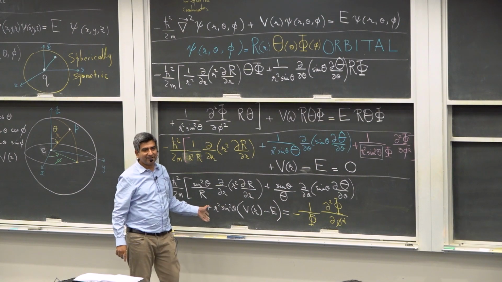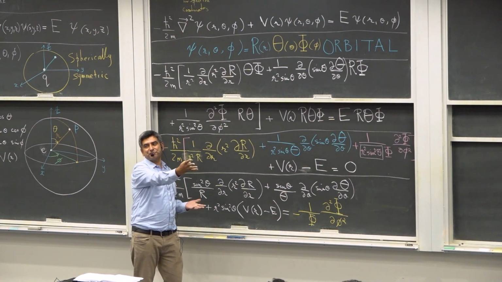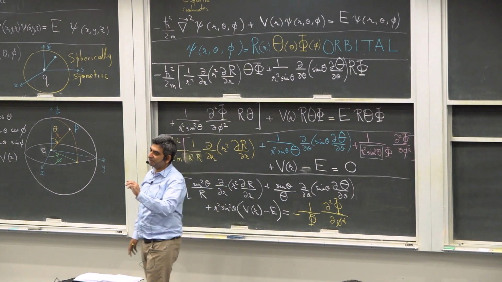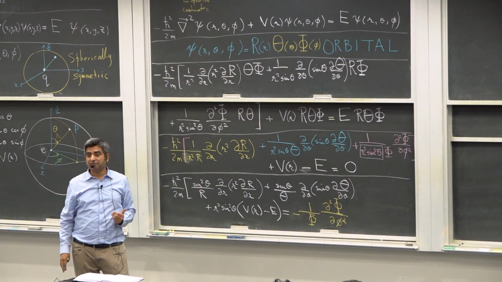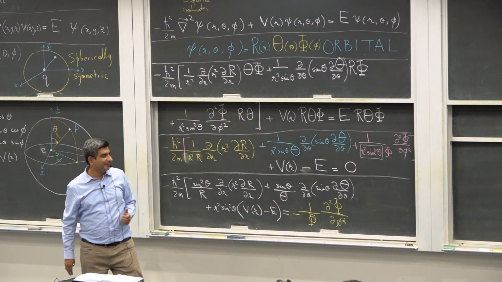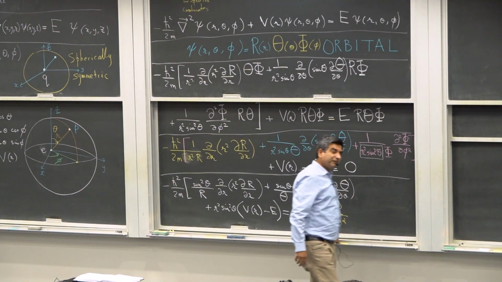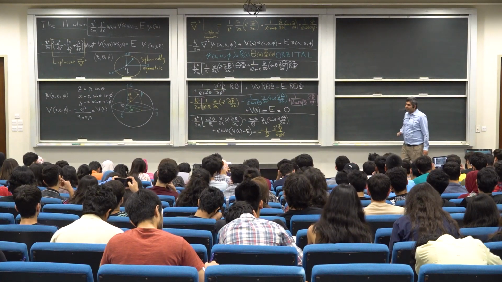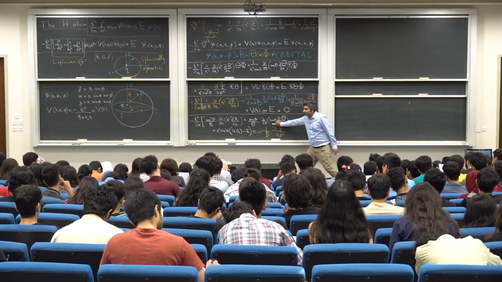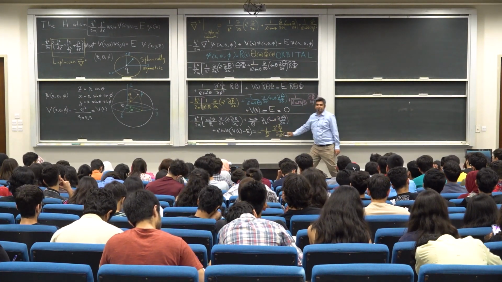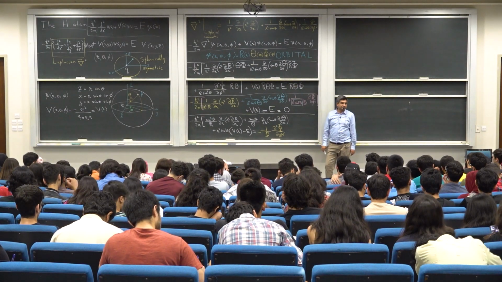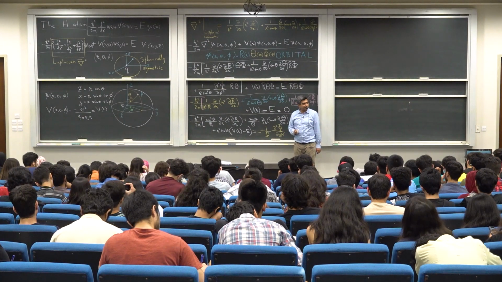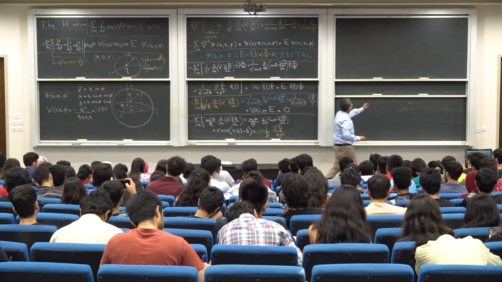So the left hand side cannot change no matter how much you change phi. Which means that this right hand side must be a constant. It must not even depend upon phi. Right? We've seen this by the way in our infinite well and other examples. This right hand side must be a constant, and that constant must be equal to the left hand side as well.